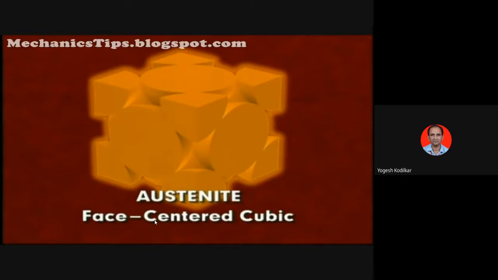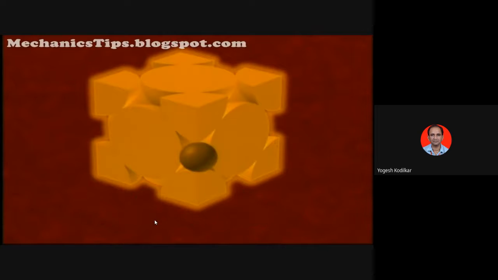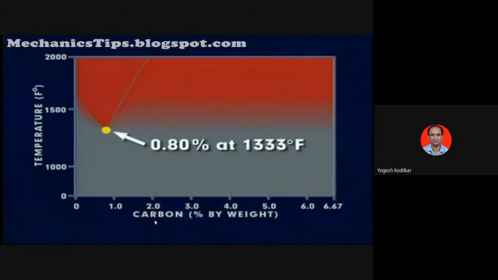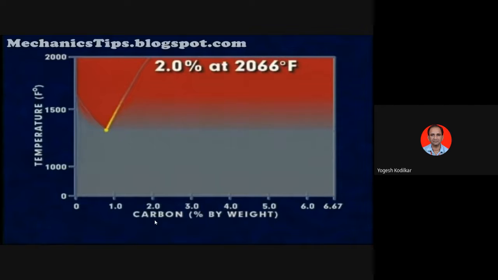This transformation to austenite is an important phase in the heat treatment of steels. Austenite's crystal structure allows it to absorb up to 0.80% of carbon at 1,333 degrees Fahrenheit, increasing to a maximum of 2.0% at 2,066 degrees Fahrenheit.